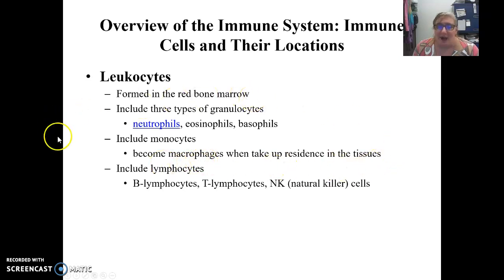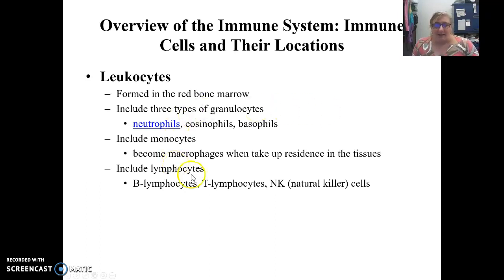None of these are actually specific defenders. They are all non-specific defenders. They will attack and fight off lots of different potential pathogens or irritations to the body.